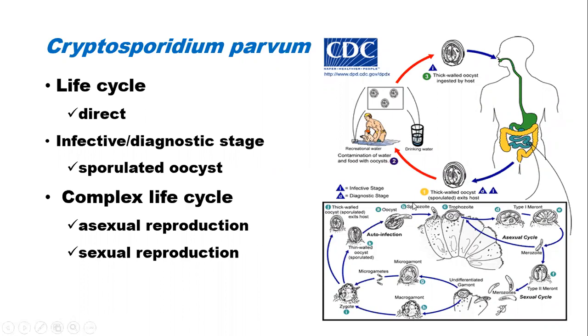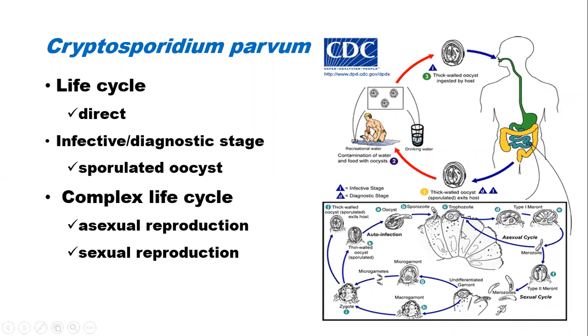So we don't have an insect vector that would come to inject the sporozoites. Sporozoites are actually ingested, and then they develop through the type 1 meronts to the type 2 meronts, and eventually the zygote is formed, which can give rise to thin or thick-walled oocysts.